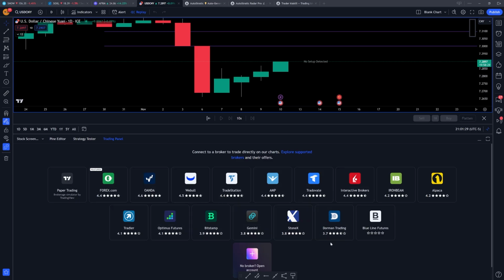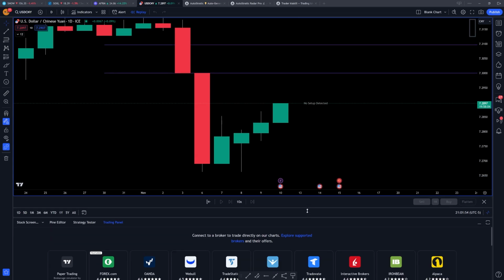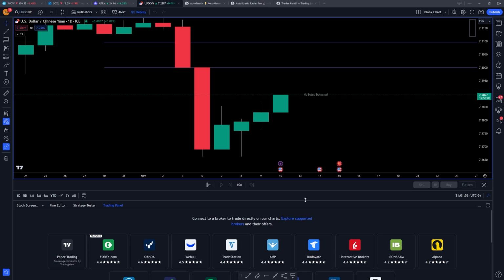But you can connect your broker here. And you can trade Forex and crypto directly on the chart, which is really cool, actually, for TradingView to be able to do. You cannot currently trade options on the chart yet. So let me put this in your head.